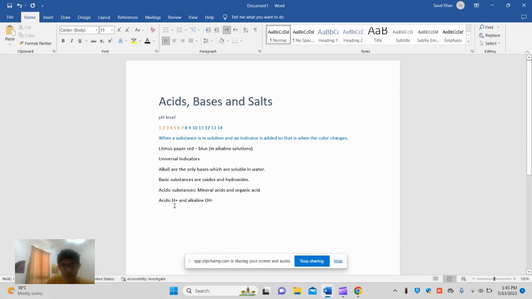The acidic compounds have H positive ions. When the H positive ions are abundant, as in HCl, hydrochloric acid, guys, then this becomes a strong acid.